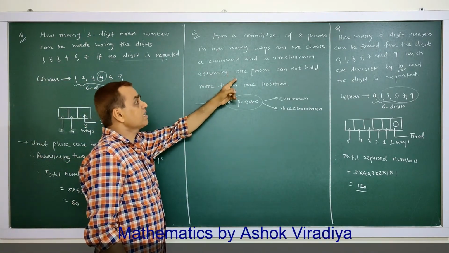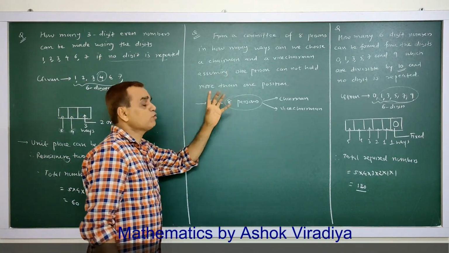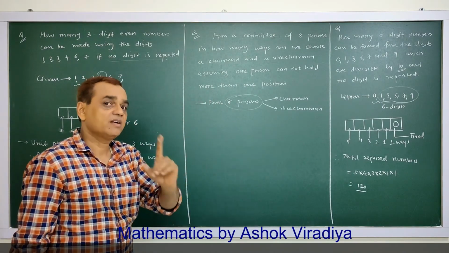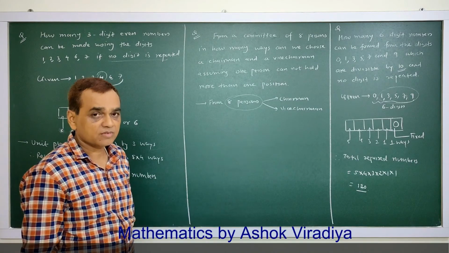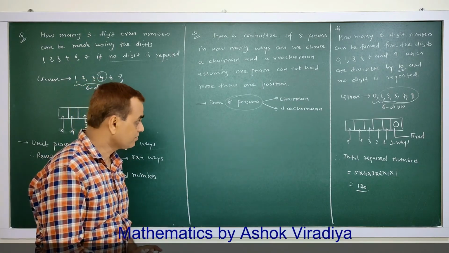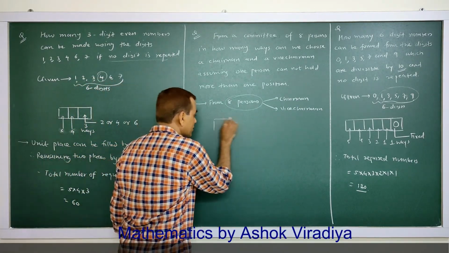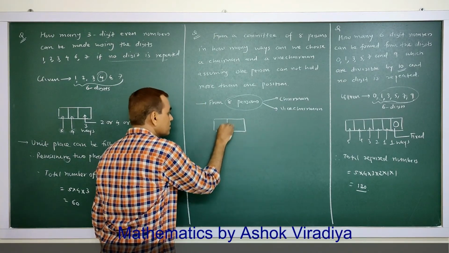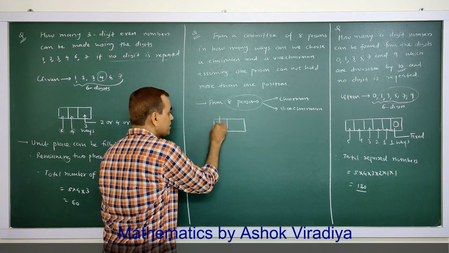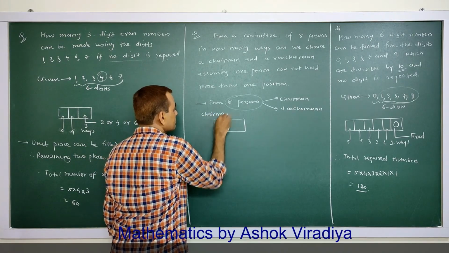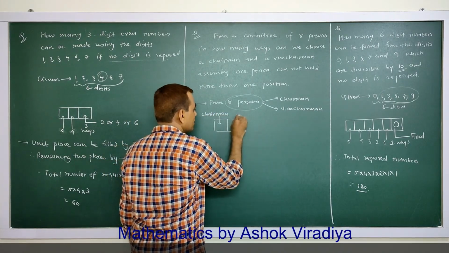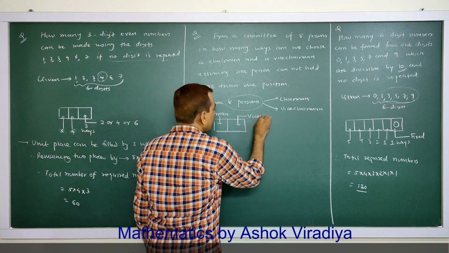Assuming one person cannot hold more than one position, that means repetition is not allowed. So here there are two positions. This is for the chairman and this position is for the vice chairman.